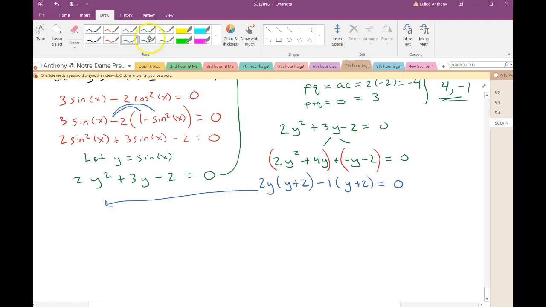And now you'll notice that each of these pieces has a y plus 2 in common with it. So if I factor the y plus 2 off, the stuff that's left is the 2y minus 1.